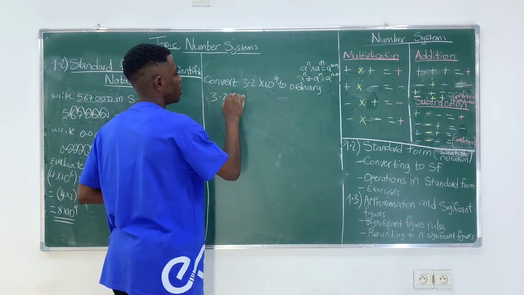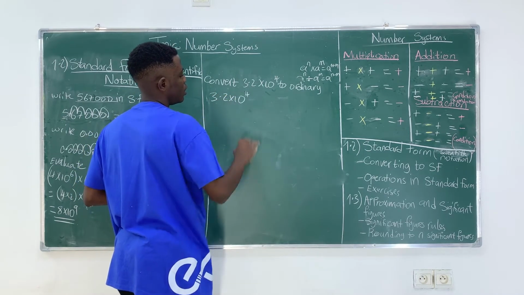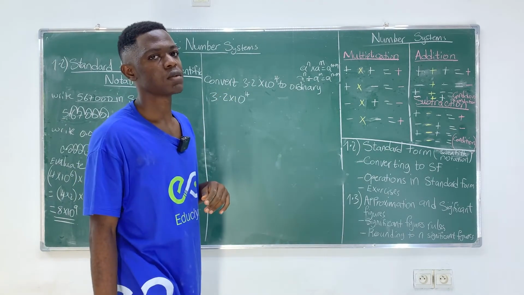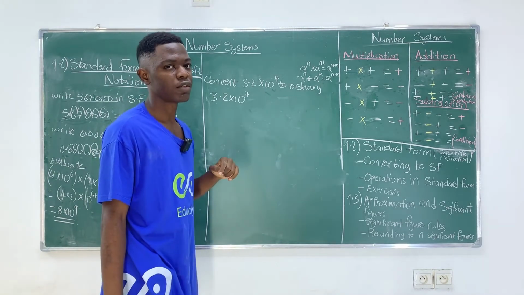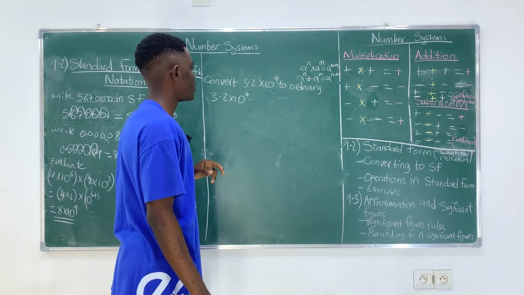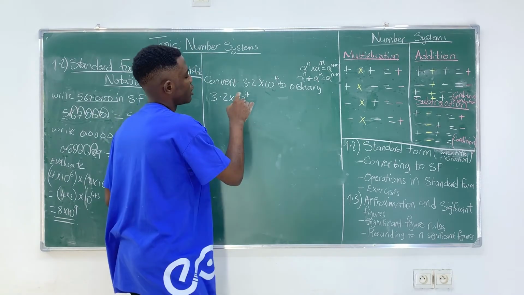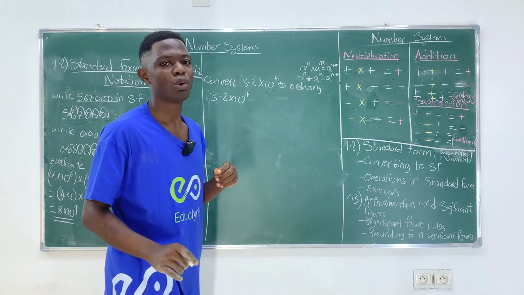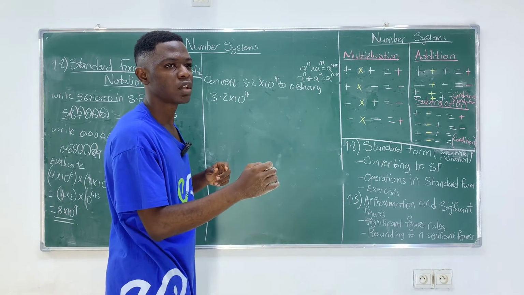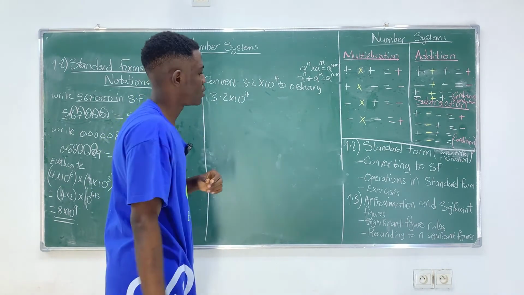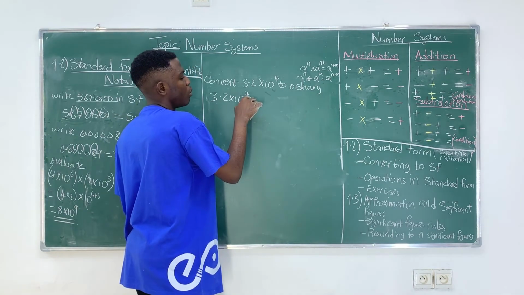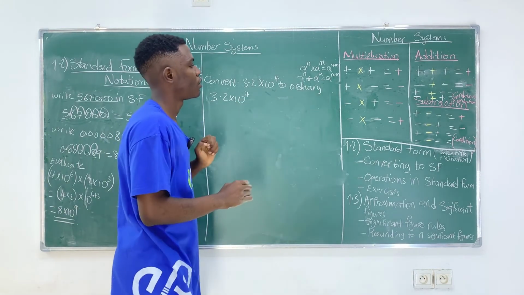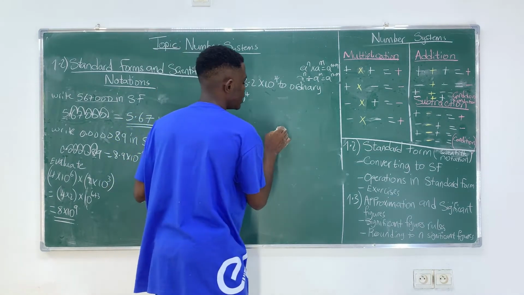We have been trying to convert to standard form, but we have not tried to convert back to ordinary form. From the exercise that we have been doing, we recall that 4 was the number of times which we moved the decimal place. 4 is positive.